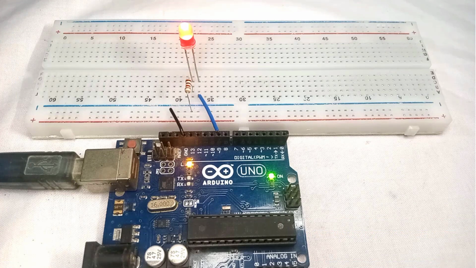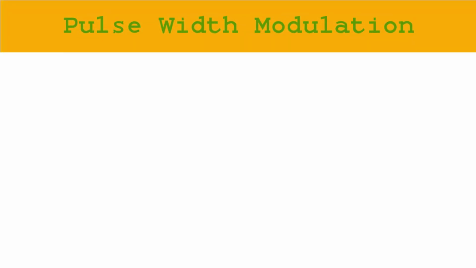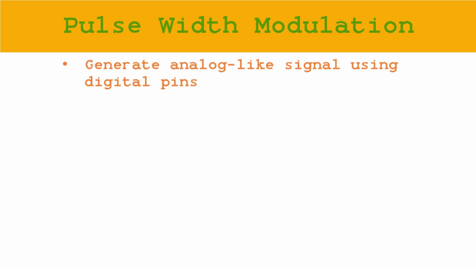Next, let's create a simple project to explore the power of loops. In this project, we will learn how to control the brightness of an LED using a technique called PWM. Pulse width modulation is a technique to create analog-like signals using digital pins.